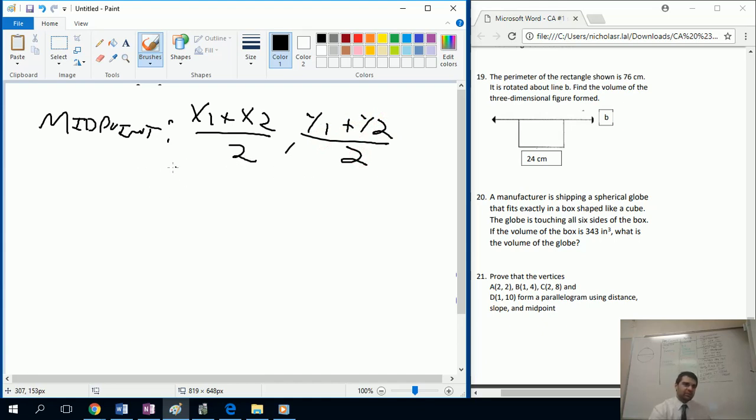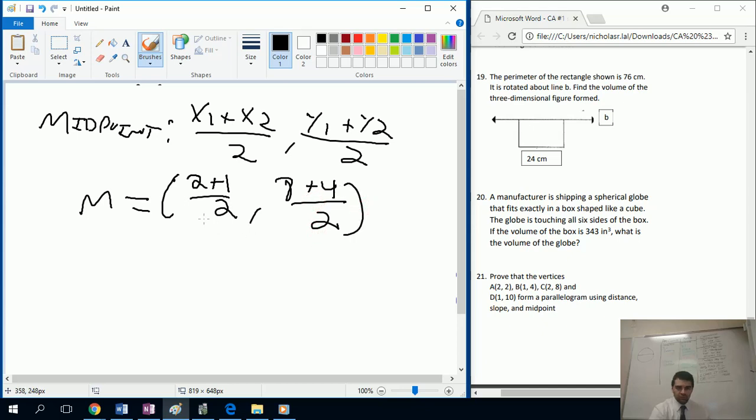I'm just going to do the math here. Midpoint is equal to 2 plus 1 over 2, comma 8 plus 4 over 2, which is equal to 3/2, 6. That's for CB.